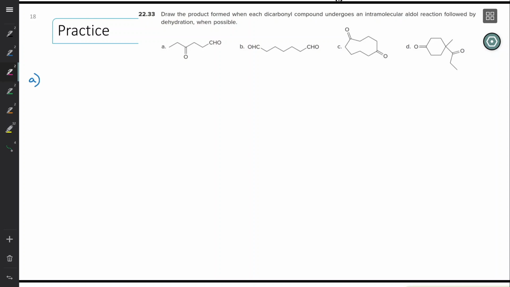So here we have an aldehyde, and the aldehyde is going to be our electrophile, the ketone is going to be the nucleophile, because the aldehyde is the better electrophile. And I kind of have the option, I could make one here or here.